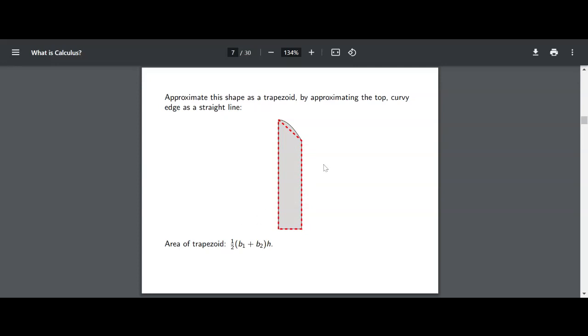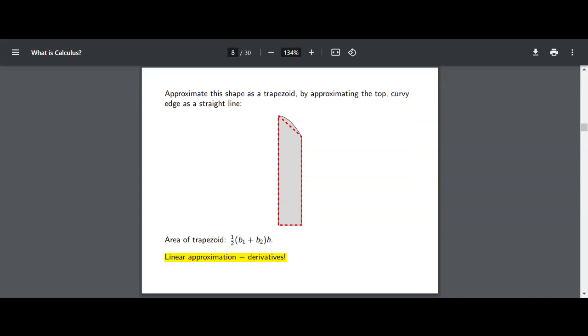Yeah. All right. So as I was saying, I pretend that you have a line segment on the top that gives me a trapezoid, and I can use this formula for the area of the trapezoid. Okay. Now, this idea where I kind of approximate a nonlinear object with a linear object, that's kind of the main idea behind derivatives.